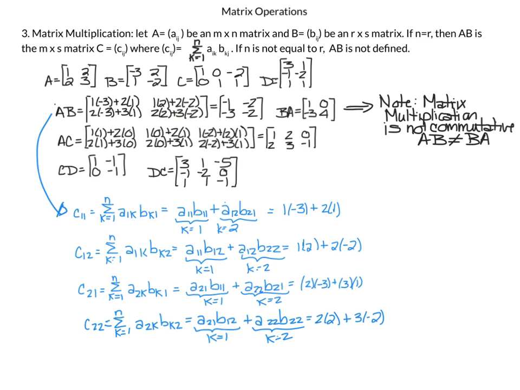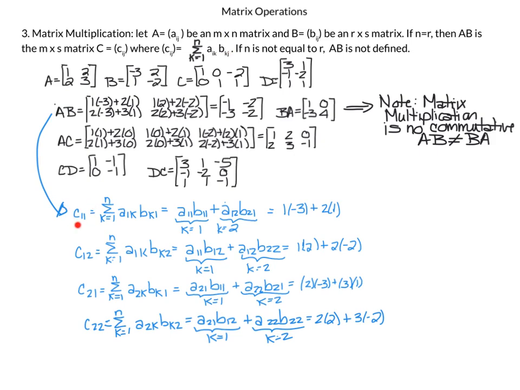We'll take A equals 1, 2, 2, 3, and B is equal to negative 3, 2, 1, negative 2. We also have C equals 1, 0, negative 2, 0, 1, 1, and D equals 2, 3, 1, negative 1, 2, 1, 1. If we want to multiply A times B, here we have the formula C sub ij is equal to the sum from k equals 1 to n of A sub ik, B sub kj.